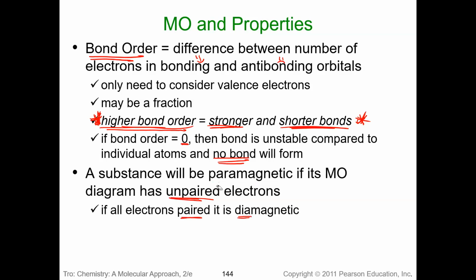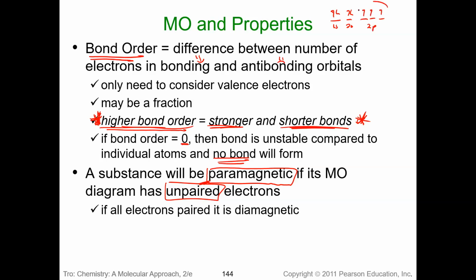Diamagnetic means paired. So remember this, it's kind of a hard one to remember. Paramagnetic, unpaired electrons. Right? So remember when we did 1s, 2s, and then here's our 2p.